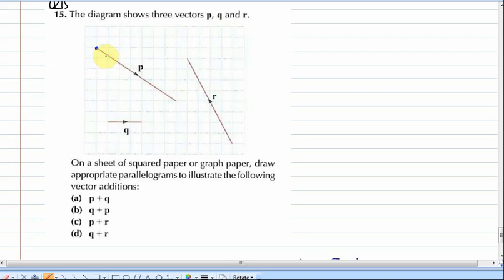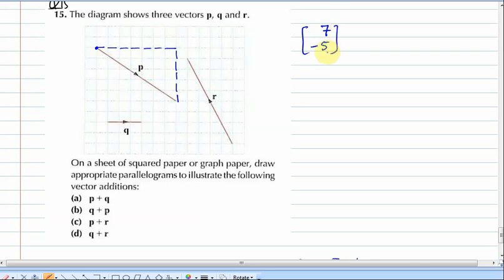On the x-axis, it's 1, 2, 3, 4, 5, 6, 7, so I am taking 7 steps. On the y-axis, 1, 2, 3, 4, 5. I am taking 5, but since I am moving downward, it's negative 5. So that is the column vector of P.